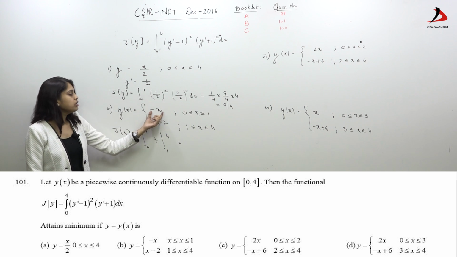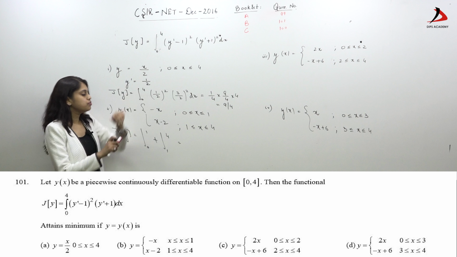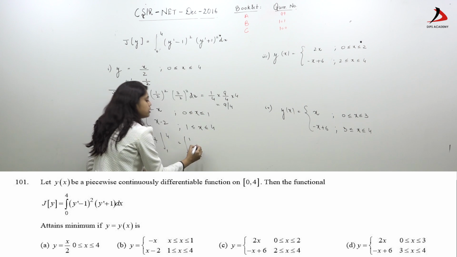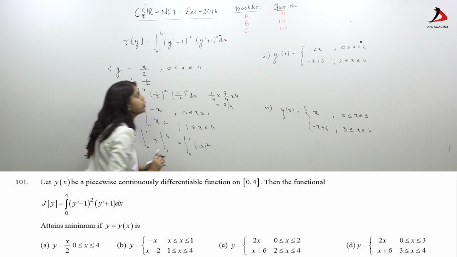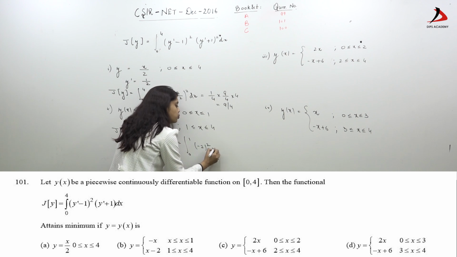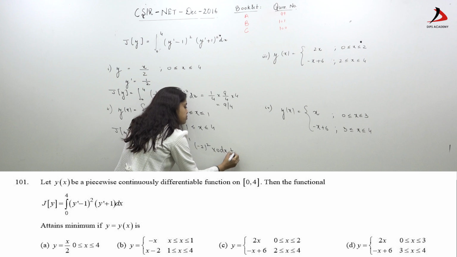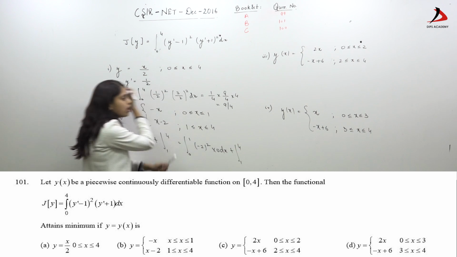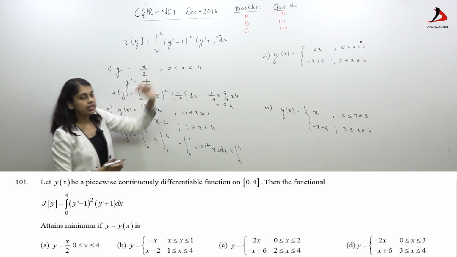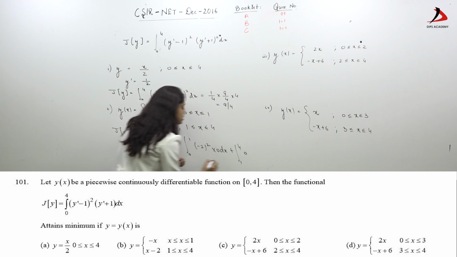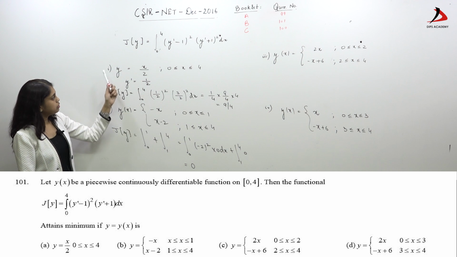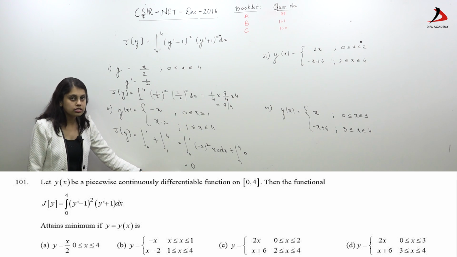So in 0 to 1, when I put y dash as minus 1, I get minus 1 minus 1, that is minus 2 square, and the moment I put minus 1 in the other factor, I will get 0. Similarly from 1 to 4, I will get 1 as y dash, so when you put 1 over there, you will get 0 only. So this extremal gives 0 as the functional value. Between 1 and 2, the minimum value is 0.